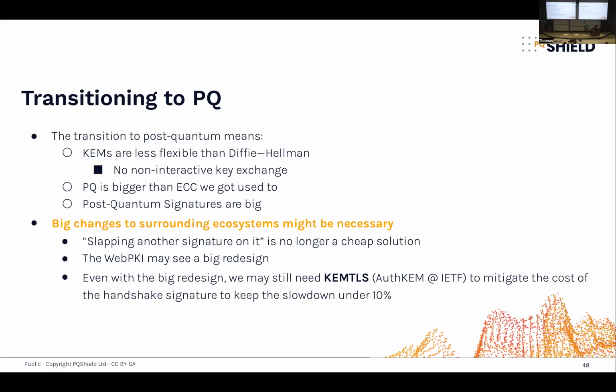And that sometimes might mean that we are willing to trade protocol complexity for the operational cost of these things, in terms of bandwidth. For some applications, it's going to also be cost in terms of computation time. But certainly slapping another signature in is no longer a cheap solution.